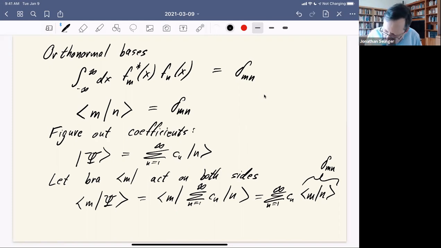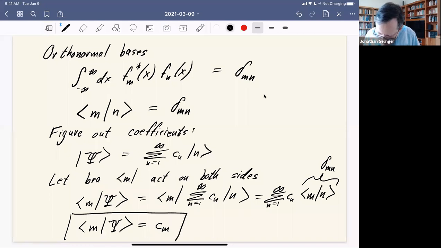So in that term, this is Cm. So Cm is the inner product of state m with psi.